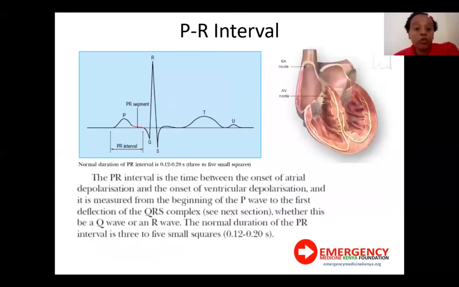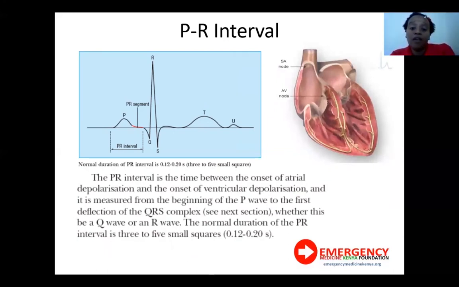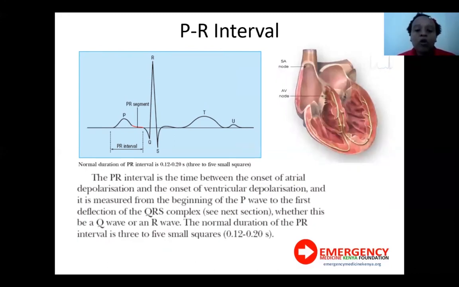And then you want to look at your PR interval, as we talked about. This is the time between the onset of the atrial depolarization and the onset of the ventricle depolarization. You want that interval so that you have complete emptying of the atriums, so that the blood is able to move well from the atriums into the ventricles.